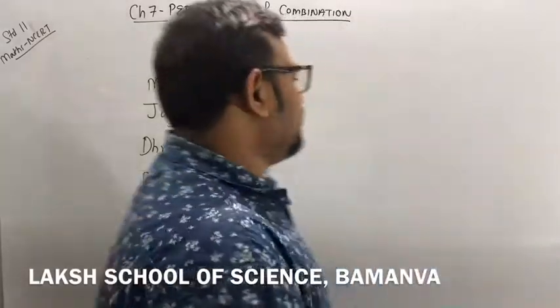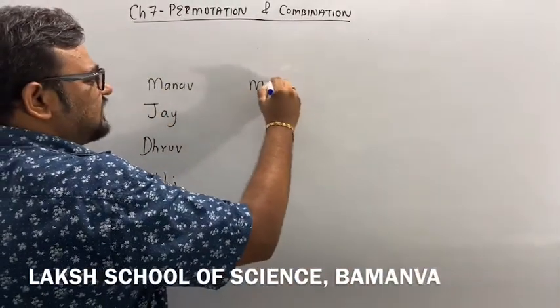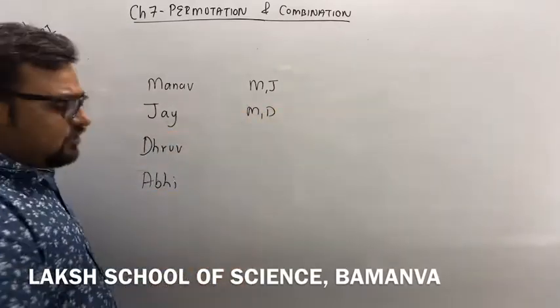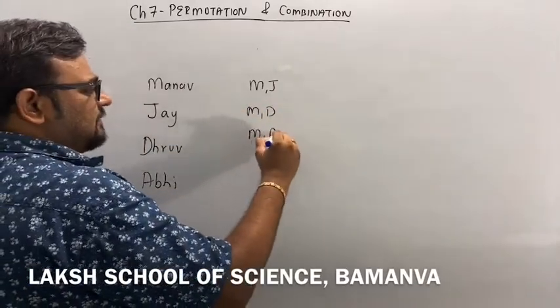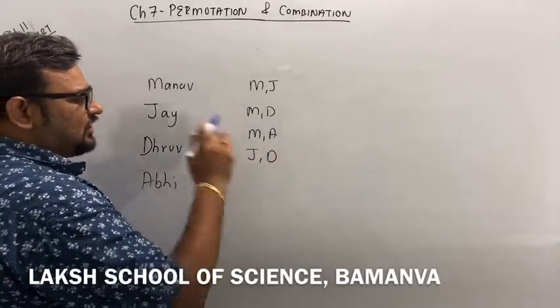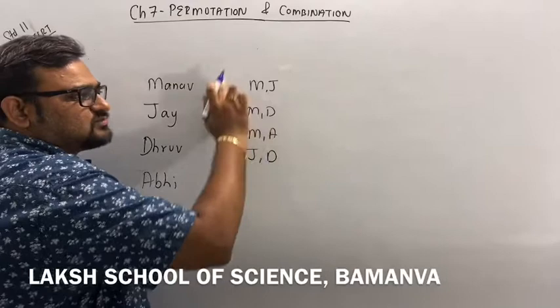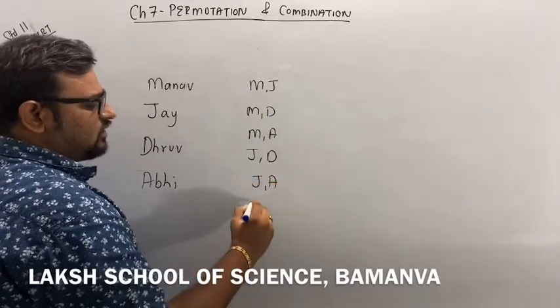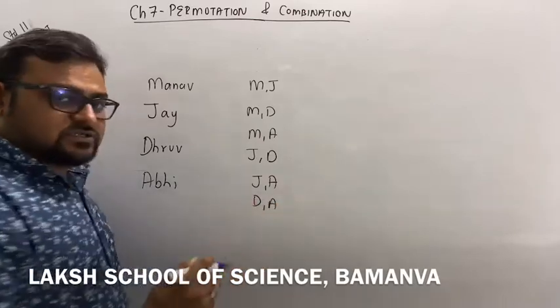You can select Manav and Jay. You can select Manav and Dhruv. You can select Manav and Abhi. Or else Jay and Dhruv. I cannot write Jay and Manav again because Jay and Manav, both are the same. Jay and Abhi, or Dhruv and Abhi. So how many ways?